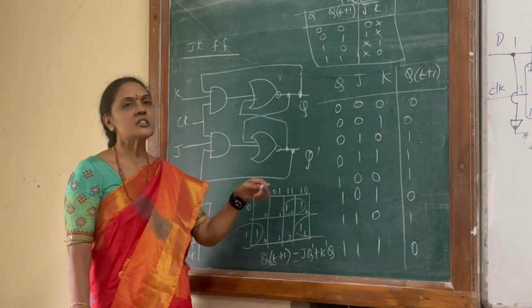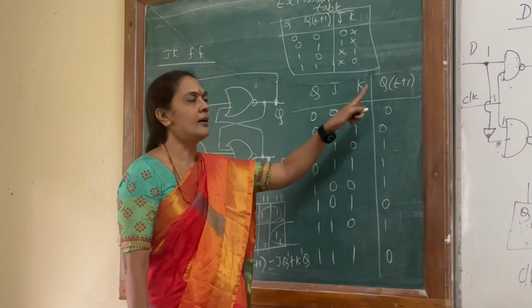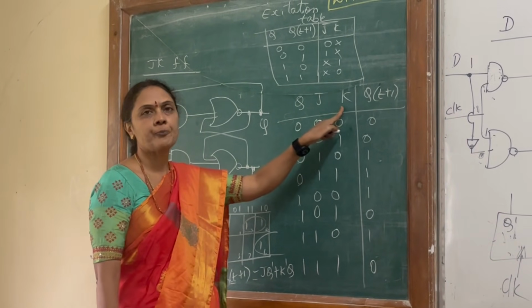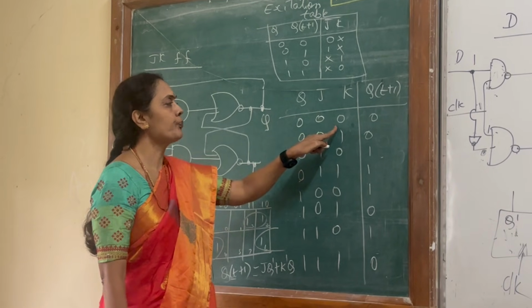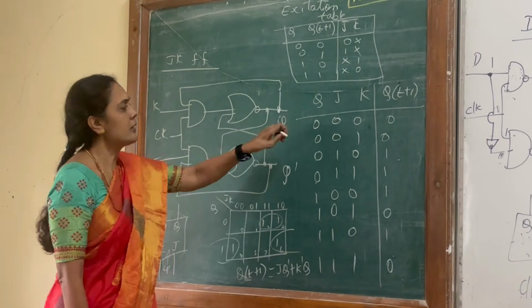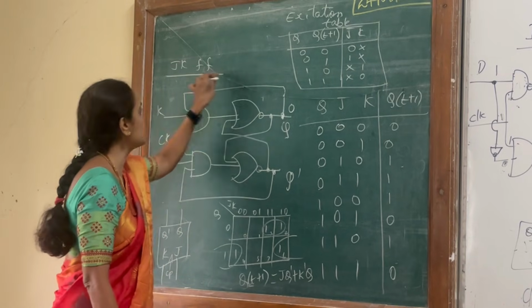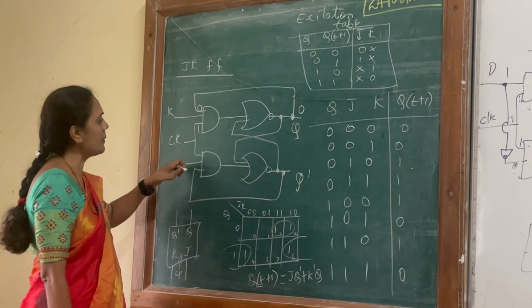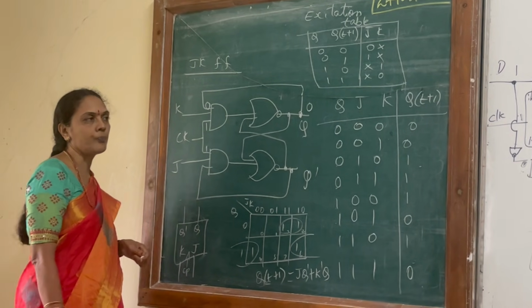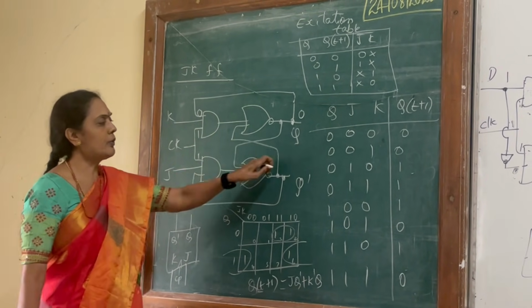Now just see the characteristic table. This is the present state, next state, J and K. Whenever your present state is 0, and J and K are 0, 0, what is the output I am going to get? Q is 0. The clock pulse is 1. When Q is 0, Q dash must be 1.